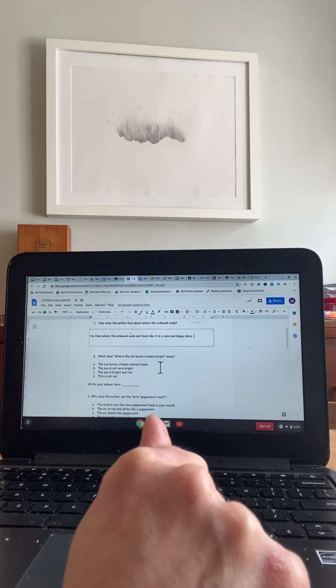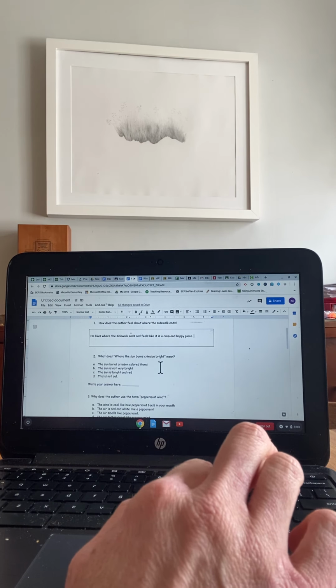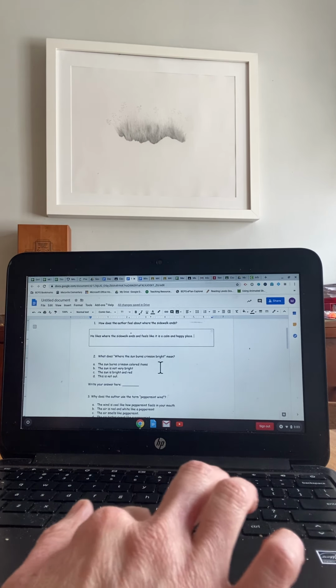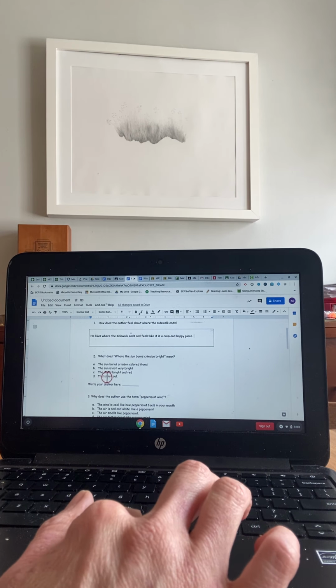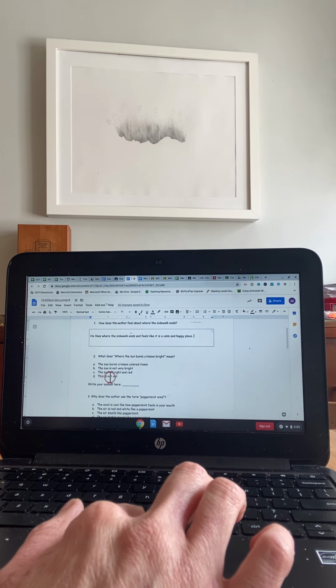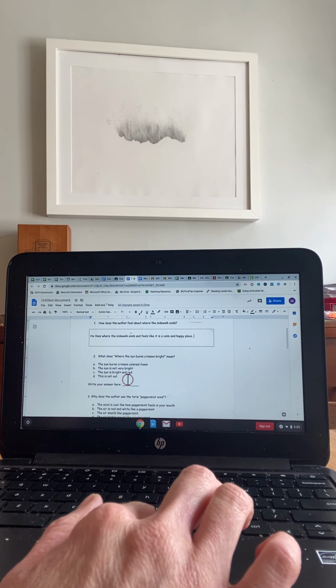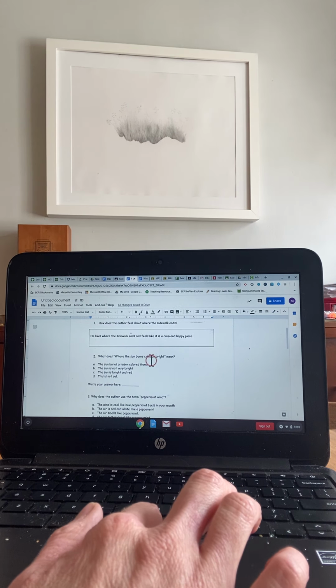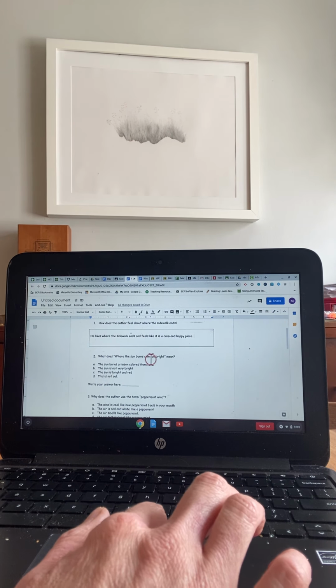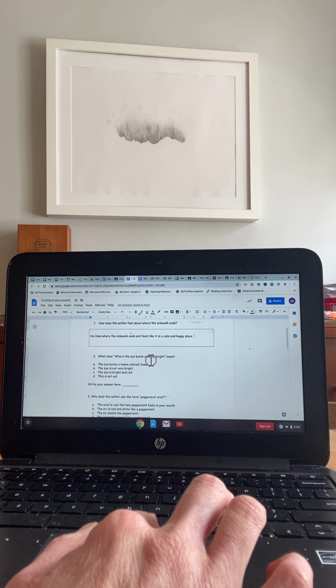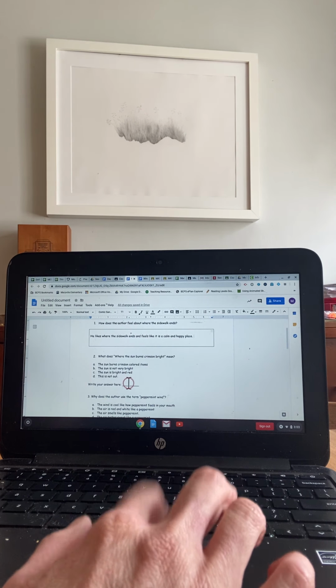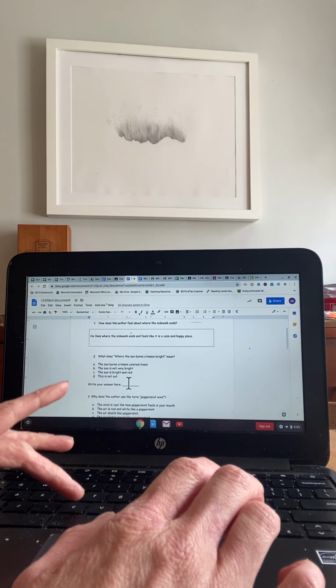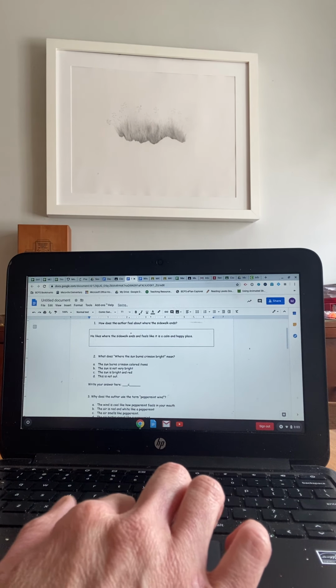Or does it mean D, the sun is not out? So actually, if you look up the word crimson, crimson is another word for the color red. So C would have been your best answer here, okay?